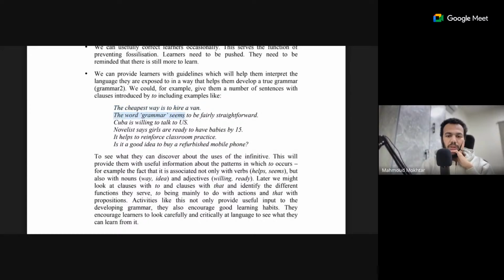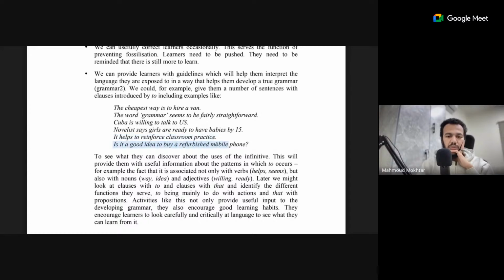The word grammar seems to be fairly straightforward. Cuba is willing to talk to US. A novelist says girls are ready to have babies by 15. It helps to reinforce classroom practice.